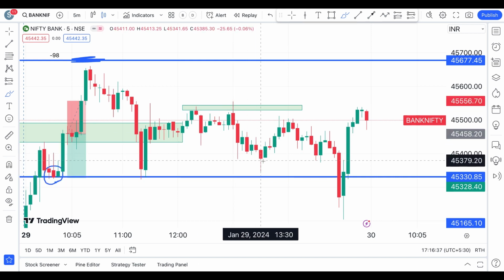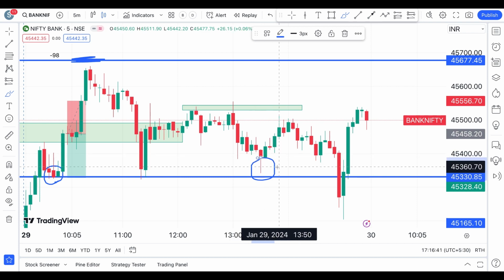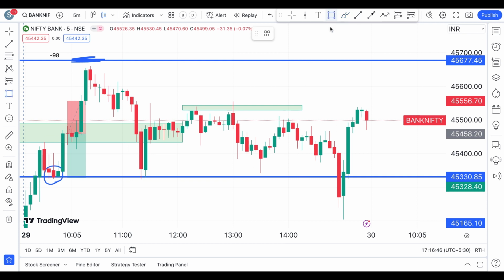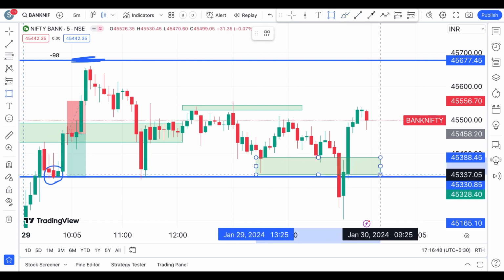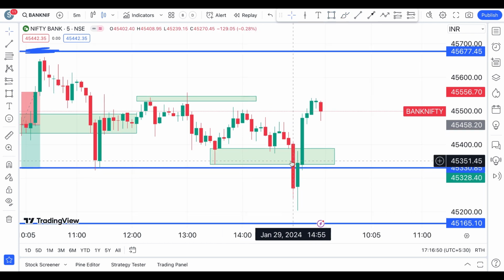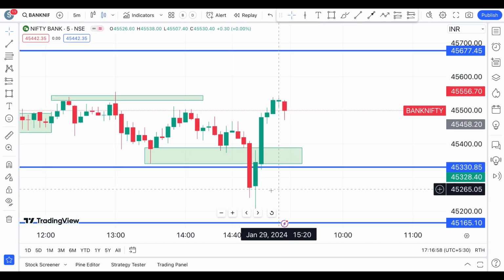After that, this has created a swing formation, and from there you saw another breakout. This is another swing reaction. So there you have seen a breakout almost towards the end at 2:55 p.m. You have seen a breakout towards the bottom, but you don't see a confirmation candle here.